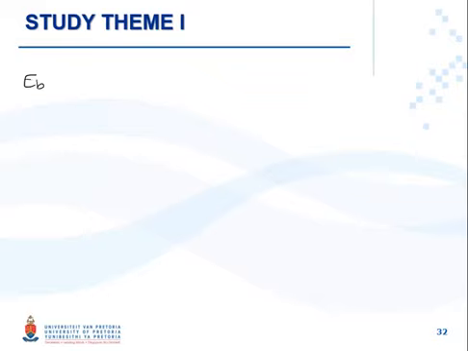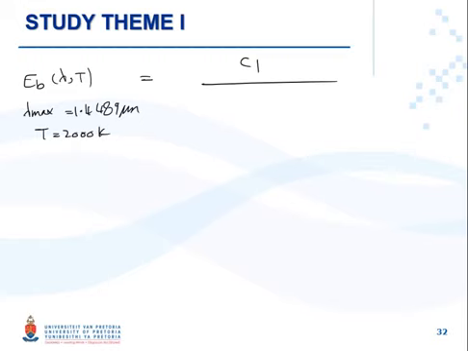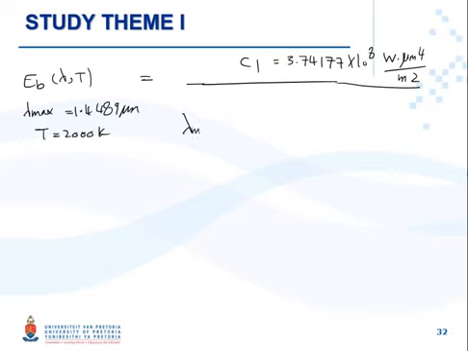So E_b lambda T for lambda max of 1.4489 micrometer and temperature of 2000 Kelvin is equal to C1, which was 3.74177 times 10 to the power of 8 watt micrometer to the power of 4 per square meter, over lambda max to the power of 5 times e to the power of C2 divided by lambda T minus 1.